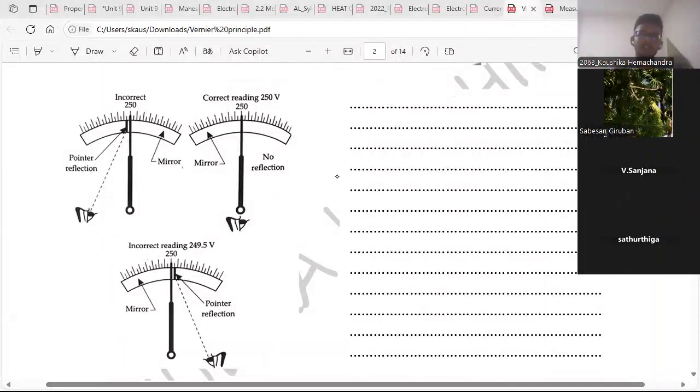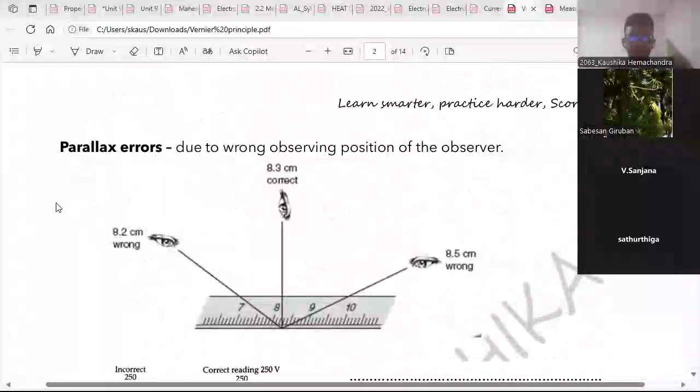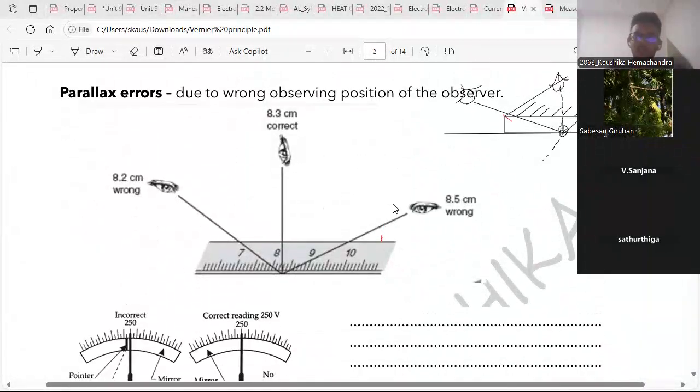For meter rulers, the best thing is using a transparent meter ruler, like the plastic meter ruler we have. Then we can see what's under there, so you can take a reading clearly. If it is not the correct reading, like in this one, if it was a plastic meter ruler, you will see that you're seeing the point that you want to take in front of the reading.